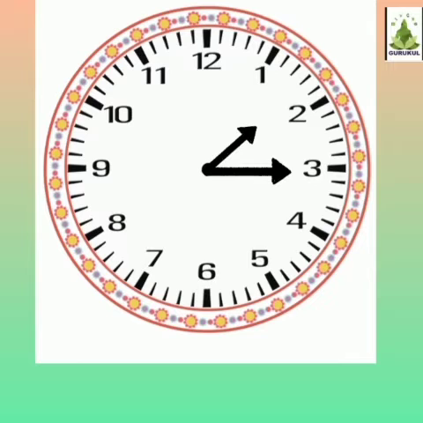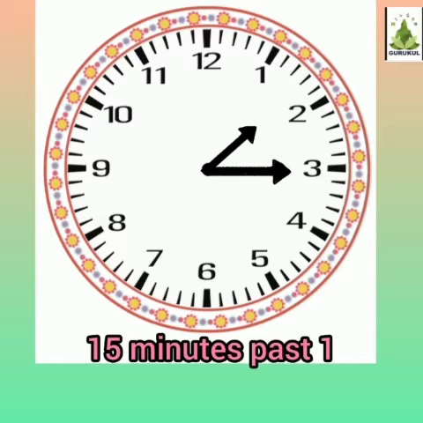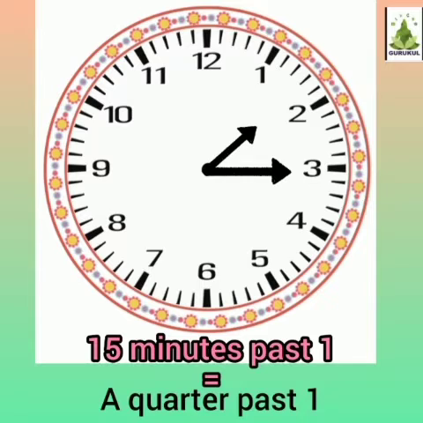Observe the clock and write the time. The hour hand is between 1 and 2 and the minute hand is on 3. It is 15 minutes past 1. 1 hour and a quarter hour has passed. It is quarter past 1.